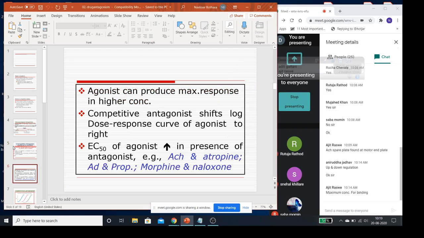Agonist can produce maximum response in a higher concentration. Competitive antagonists shift the log dose response curve of agonist to the right, and EC50 of agonist will increase in presence of antagonist. There are many such examples like acetylcholine and atropine, adrenaline and propranolol, morphine and naloxone, etc.